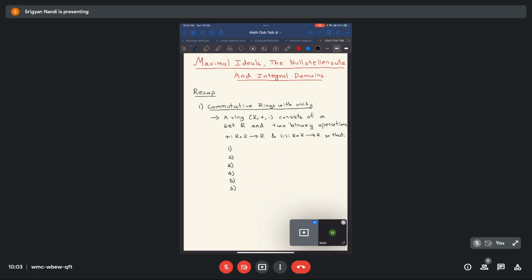The two operations were binary operations with the following properties. Of course, plus and the product are closed. Then plus and the product are associative. Then plus and product are also commutative.